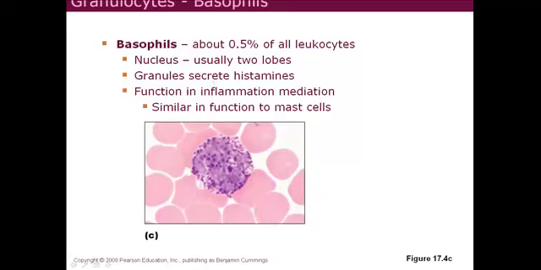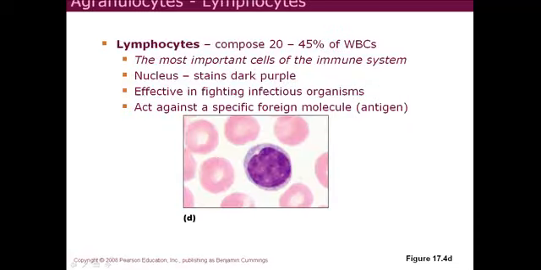The granules secrete histamines, so this is also to do with allergies. They also function in inflammation mediation, and they're similar in function to mast cells. We'll talk about mast cells in a while. That's all I have to say about that.